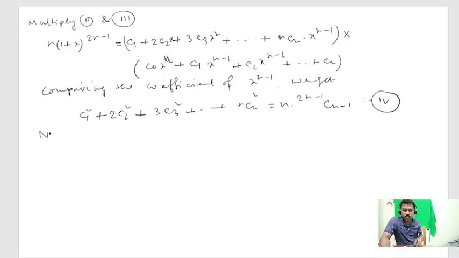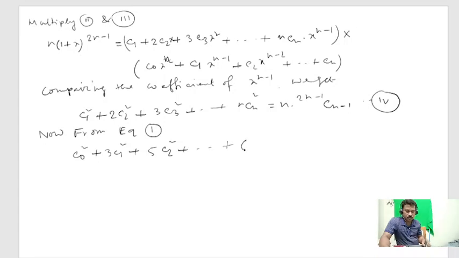Now from equation 1 we get C0 square plus 3C1 square plus 5C2 square and so on to 2n plus 1 into Cn square.